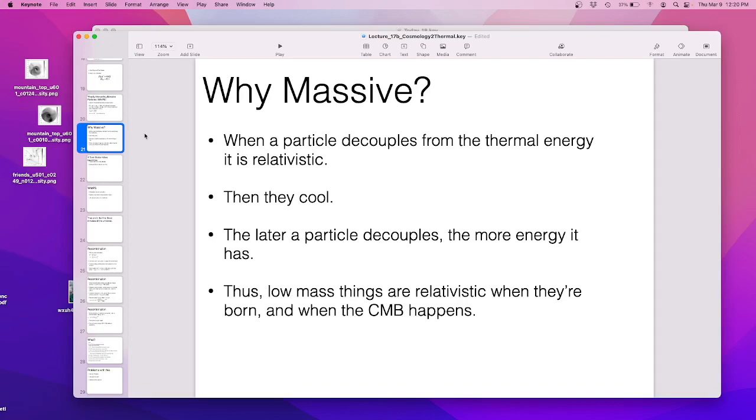Dark matter has to be non-relativistic at the cosmic microwave background.